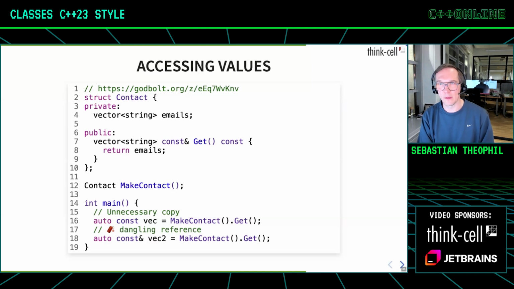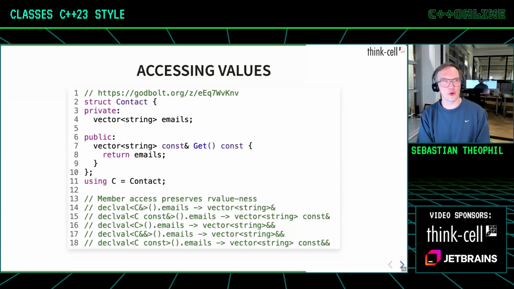This will compile, but it will create a dangling reference because my temporary contact will go out of scope. My reference won't be kept alive, but the compiler doesn't know that. And I've now written myself a pretty nice bug. And this is all very, very unfortunate. And it's easy to get this wrong, especially in generic contexts.